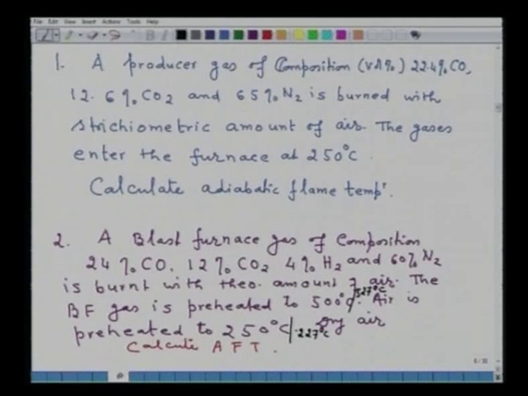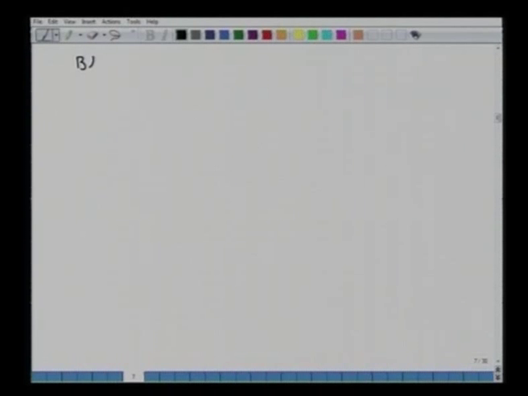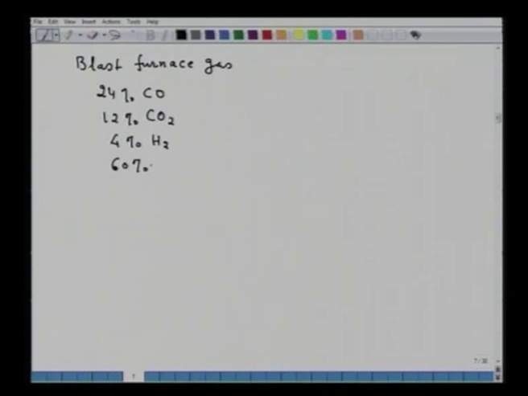Say I am taking blast furnace gas whose composition is 24% carbon monoxide, 12% CO2, 4% hydrogen and 60% nitrogen. This is burnt with the theoretical amount of air.